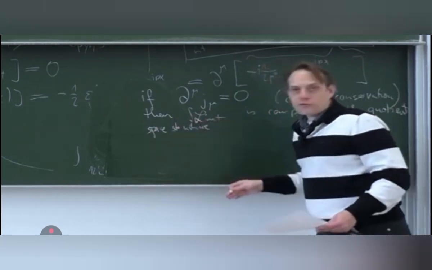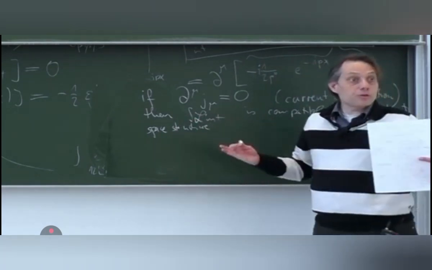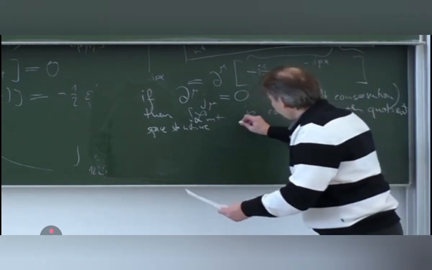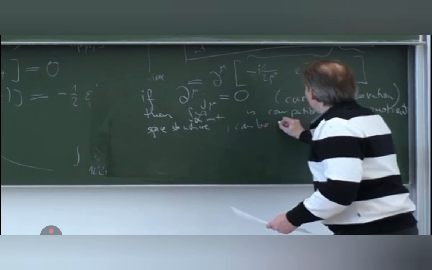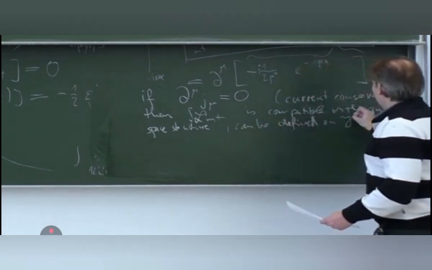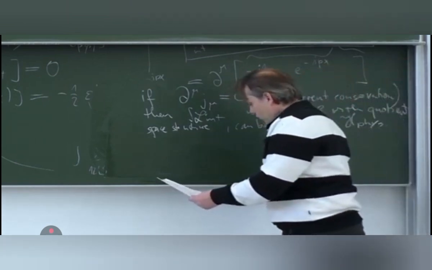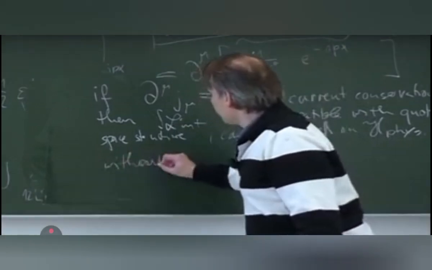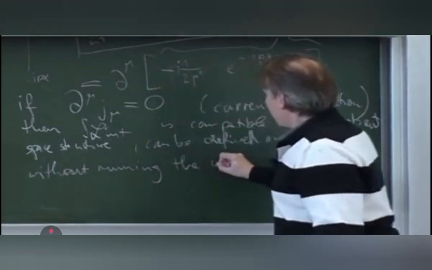That means you can consistently define the interaction really on the space H physical, and it has a well-defined meaning. It can be defined on H physical without ruining the interpretation.